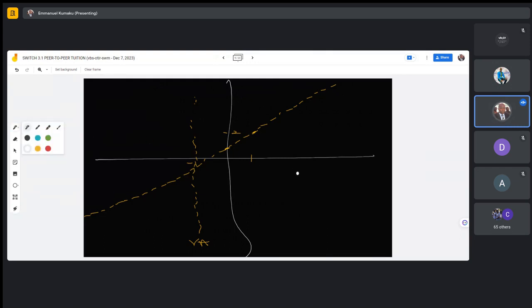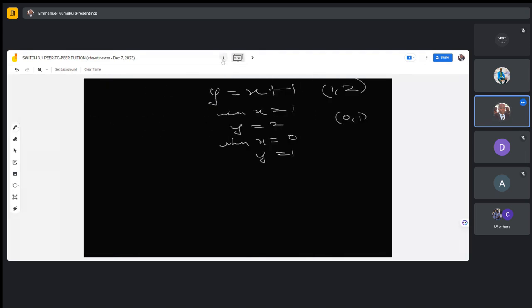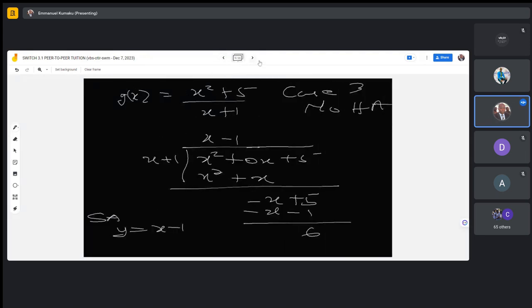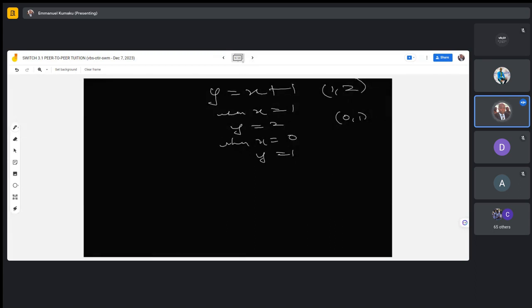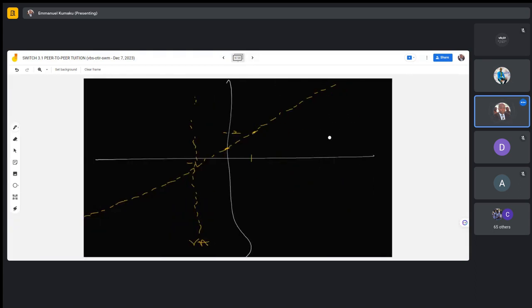The original equation was y is equal to x squared plus 5 over x plus 1. So we are picking values. This is negative 1, so if you want to test, we pick values below negative 1. When x is equal to, let's say, negative 2.